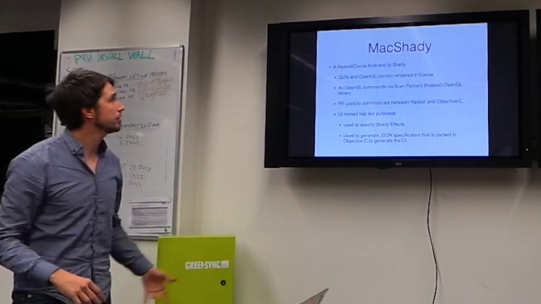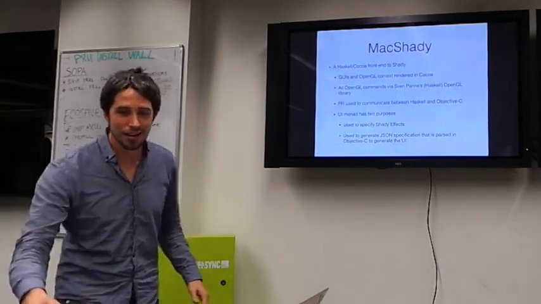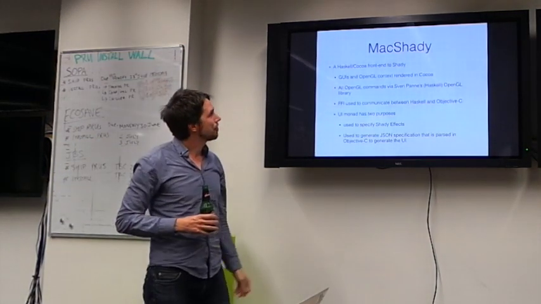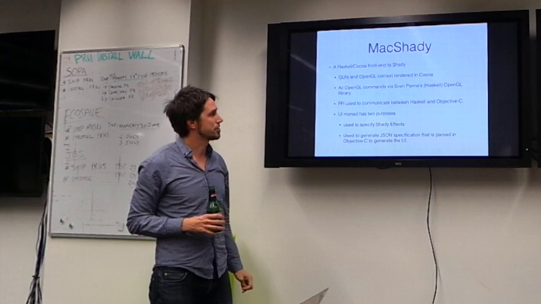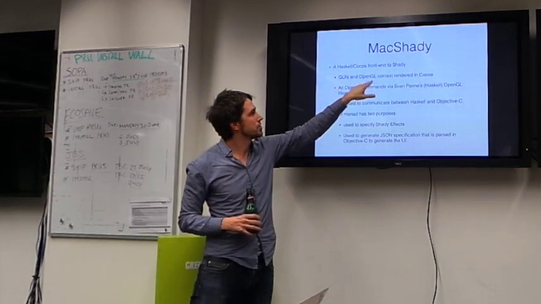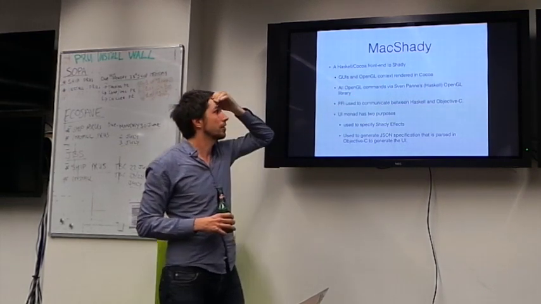Right, so just quickly, I've called this Max Shady, which sounds hilarious when you say it in a Scottish accent. It's a Haskell/Cocoa front end to Shady, which is the language. The GUIs and the OpenGL context are rendered in Cocoa.